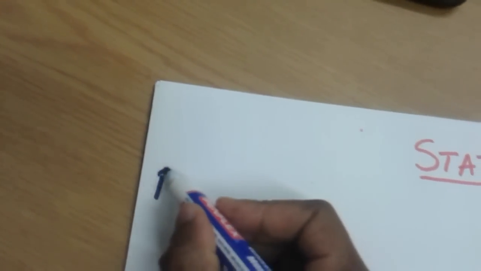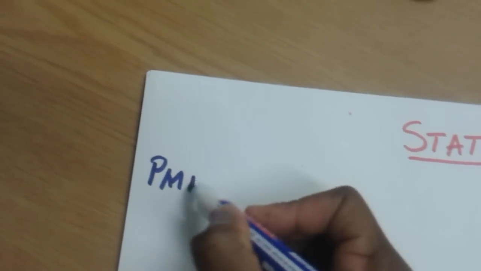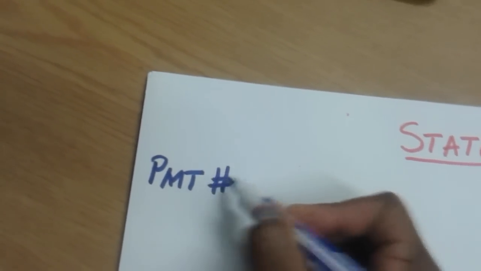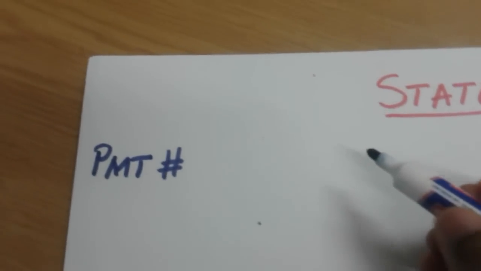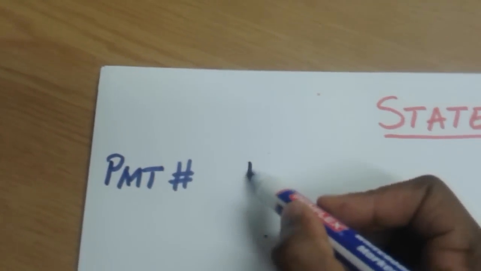Now, I'm going to skip some other things that are not important. I'll go straight to the figures part, because that's where the problem is. So we start with the payment number, and then we move on to the description.